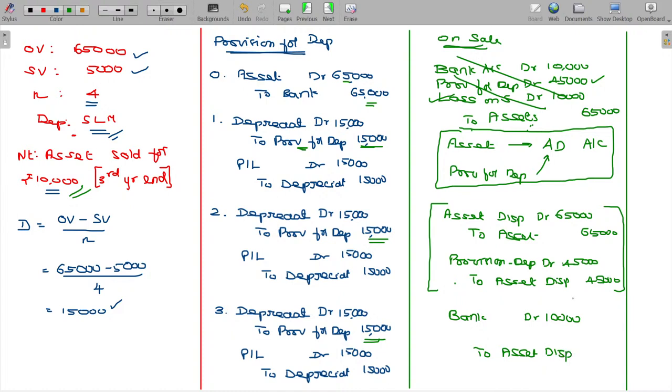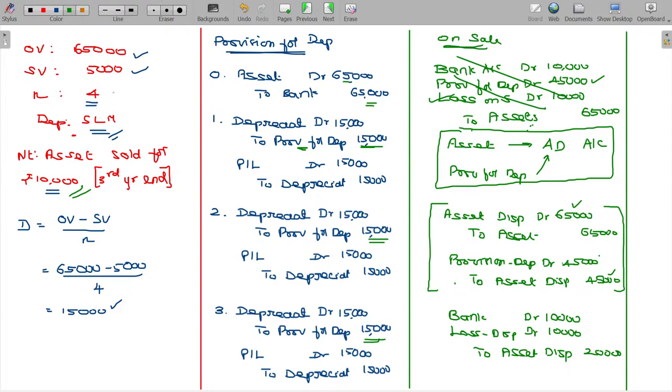The value of asset disposal is 65 minus 45, 20,000. Then I get lesser, right? So the lesser amount is called loss on sale of disposal asset, or loss on disposal. Loss on disposal. Is that clear?